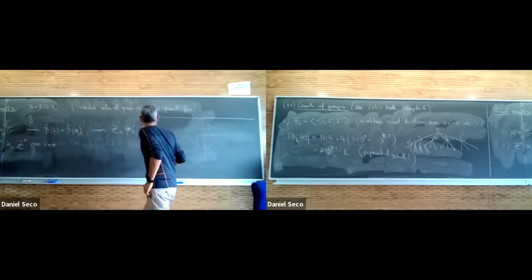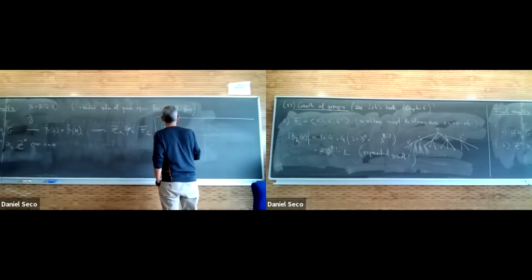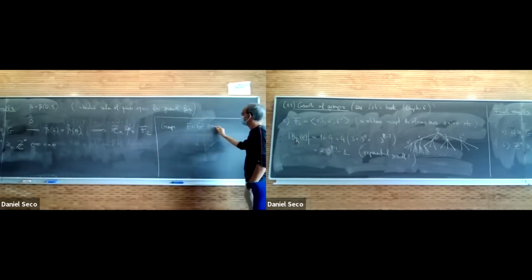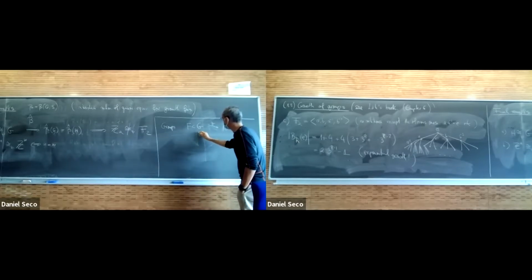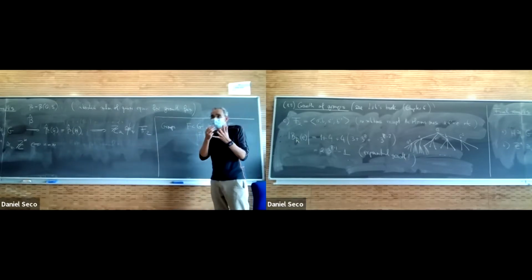And the difference between groups and semi-groups is that if I have a set F in the group and I multiply by g, the cardinality of F is equal to the cardinality of gF, because you have an inverse.